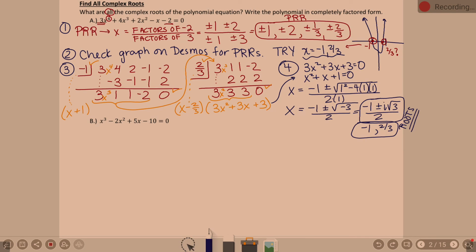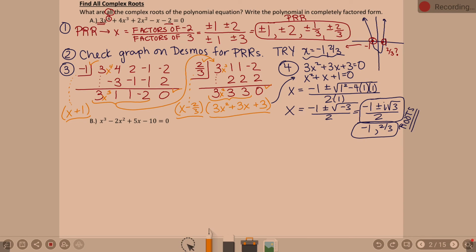Now, if they ask you for factored form, I already essentially gave us factored form, didn't I? What was factored form? x plus 1, x minus 2/3, and 3x squared plus 3x plus 3.